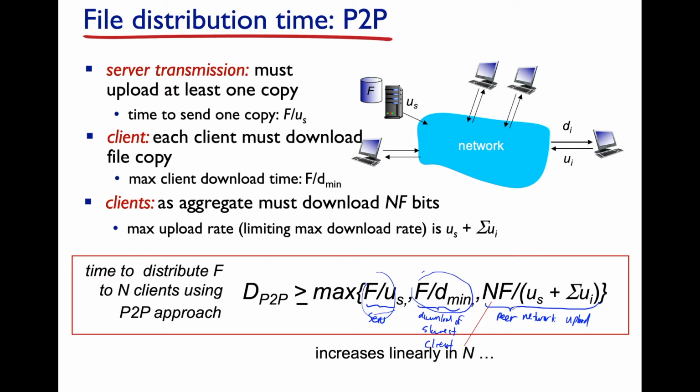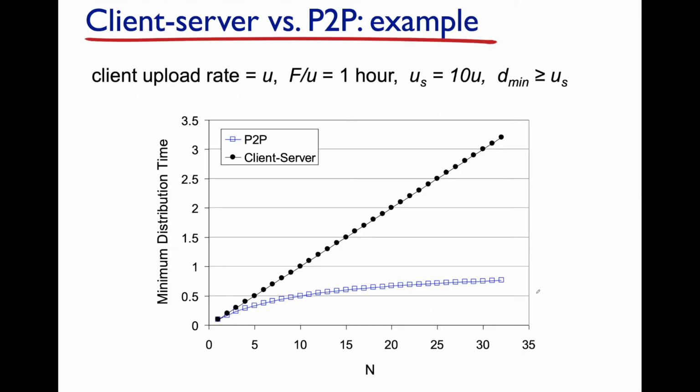But what we find as you increase the number of peers, we notice that this term, the denominator, gets larger and larger and larger, which means that this term gets smaller. Okay, so let's take a look at an example graph, and this is in the book.